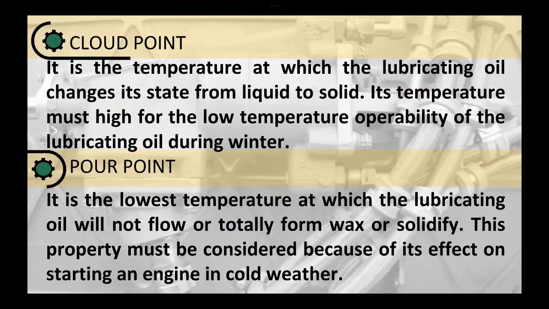Next is the cloud point and pour point. Okay? So cloud point is the change in state from liquid to solid. Okay, that's cloud point. Specifically, lubricating oil changes its state from liquid to solid.